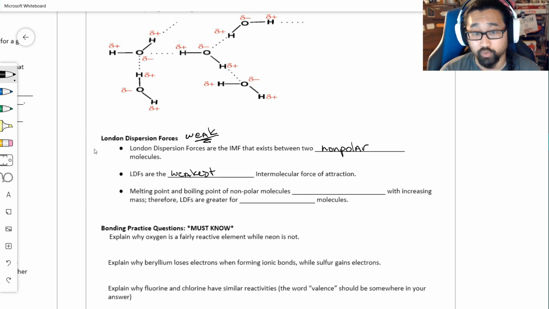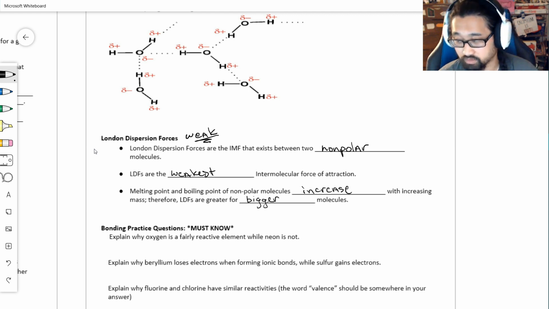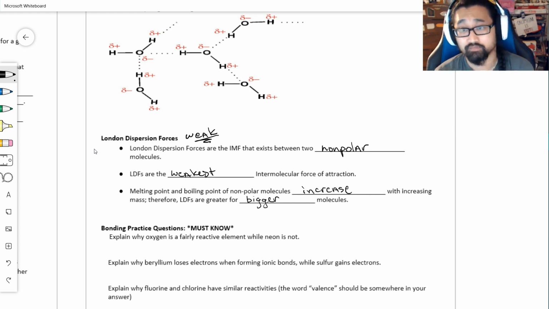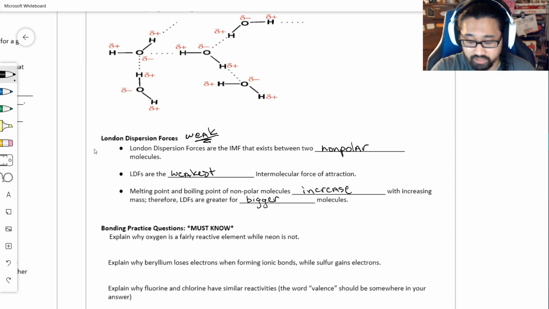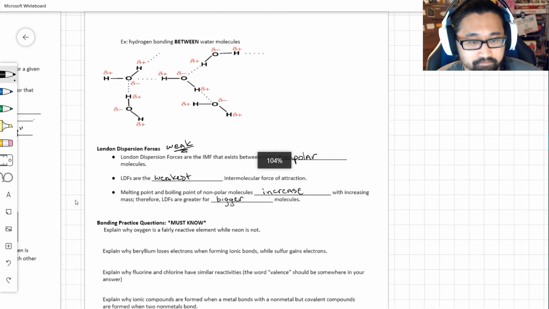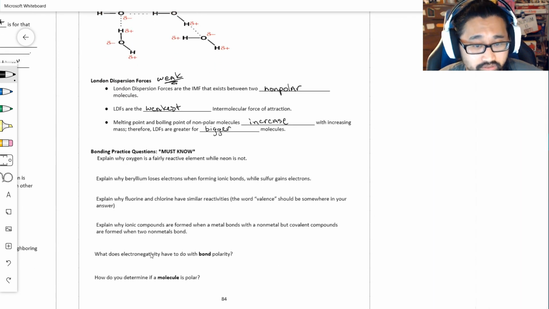The melting and boiling point of nonpolar molecules will increase with increasing mass, so they are greater for bigger molecules, but they're still really weak. LDFs are very weak. LDFs are what hold sugar molecules together, which is why it's pretty easy to melt sugar. But yeah. Alright. There are some bonding questions here.